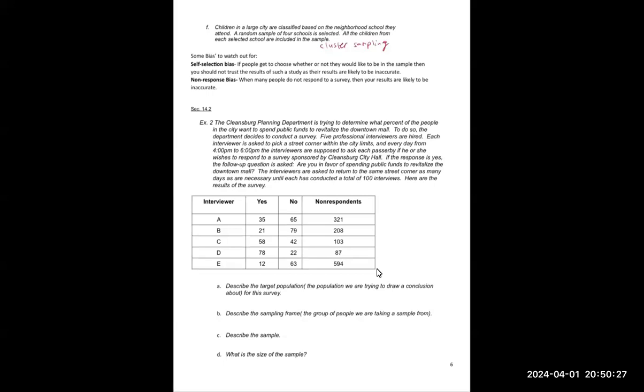Okay, so that's self-selection. And people are like, well, Ms. Schwanz, why do they use that then? Why do they do it when they know the results aren't going to be that accurate? The answer is, like we said, some of these sampling methods are not perfect. They have flaws, but they're better than nothing.